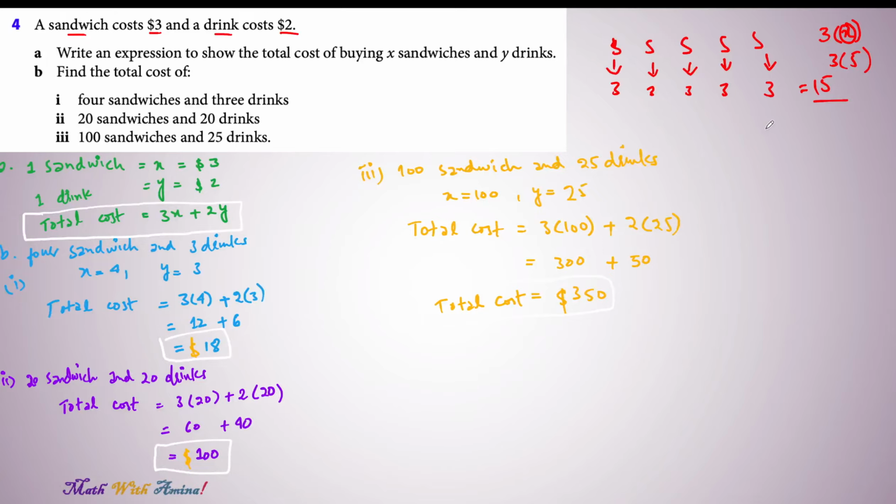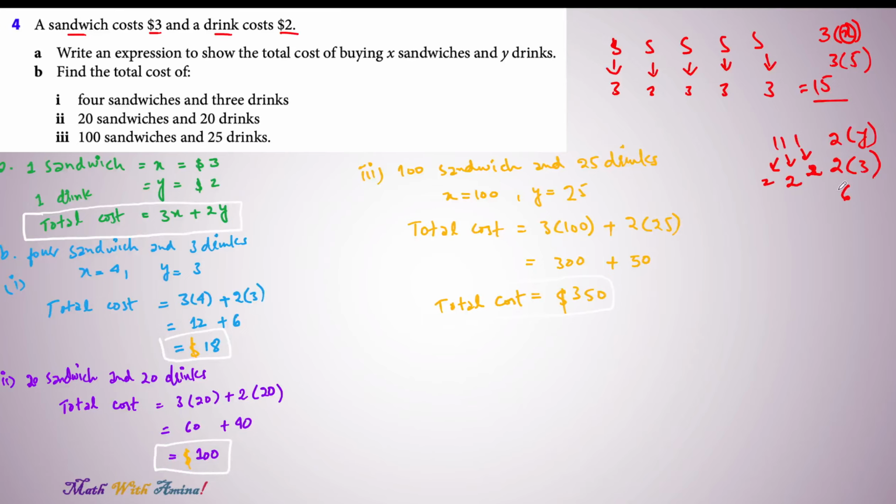The same is the case with drinks. Let's say we are having 3 drinks, so each drink is $2. So we have 2y, where 2 multiplied by 3 is equal to 6.